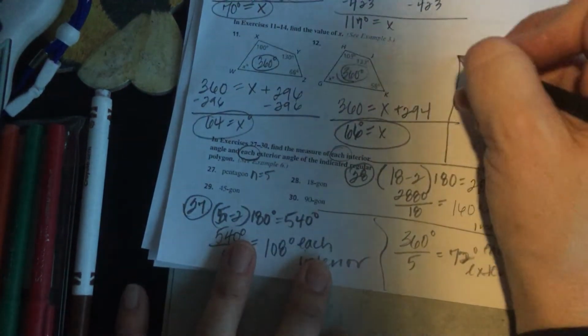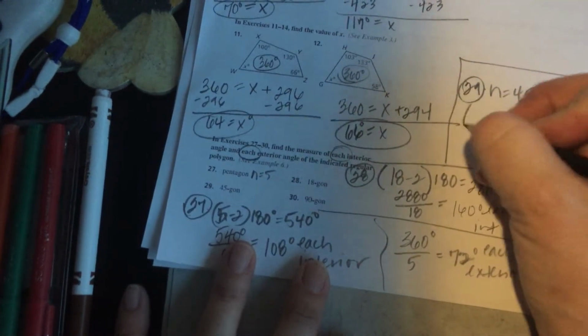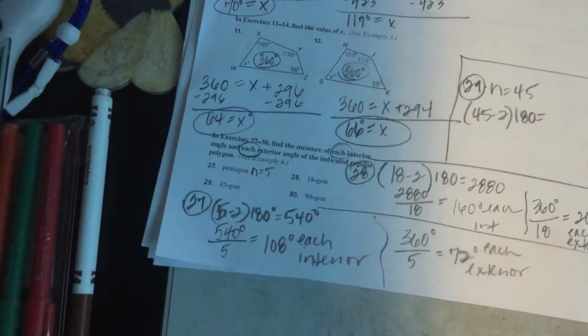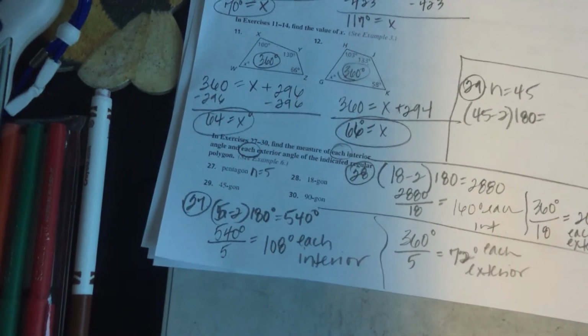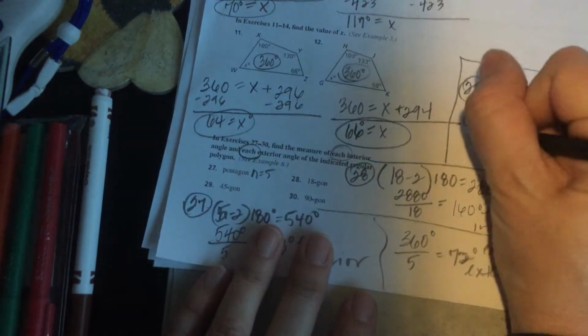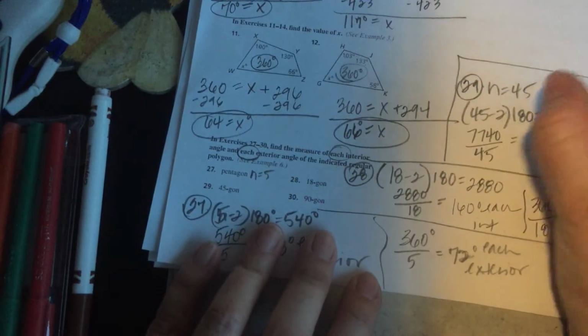Now, for number 29, n is 45. 45 minus 2 times 180. Interior sum, 43 times 180. That's a lot. 7740. 7740 divided by 45 will be each interior.